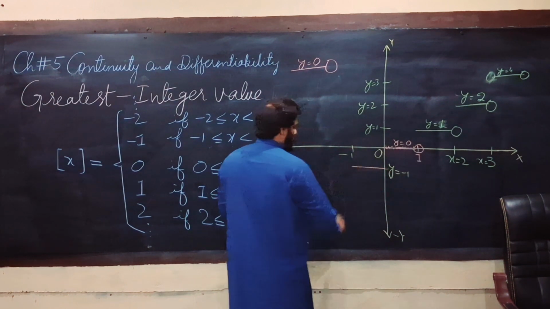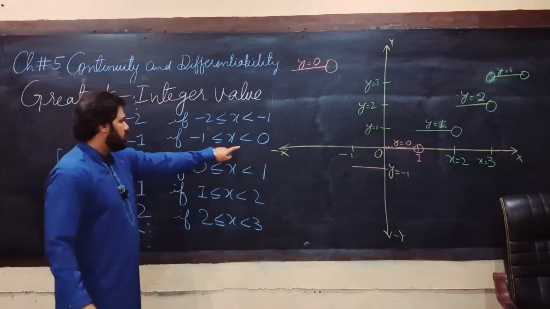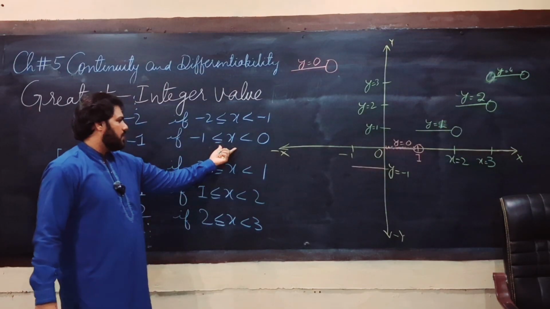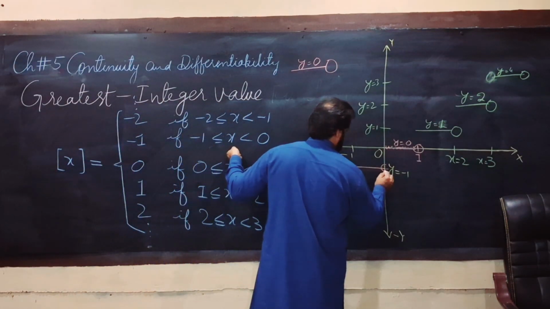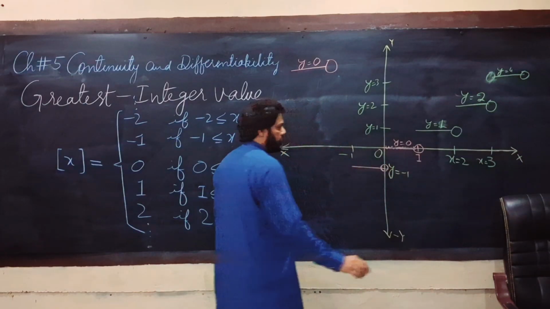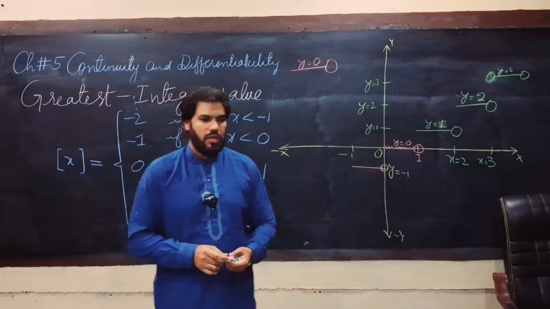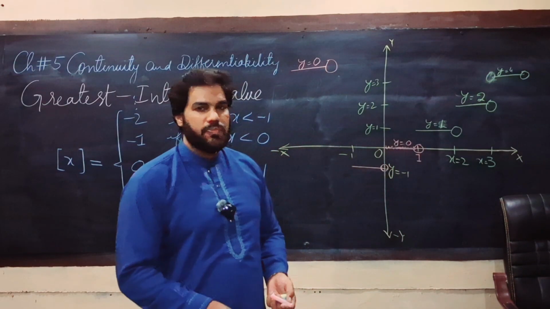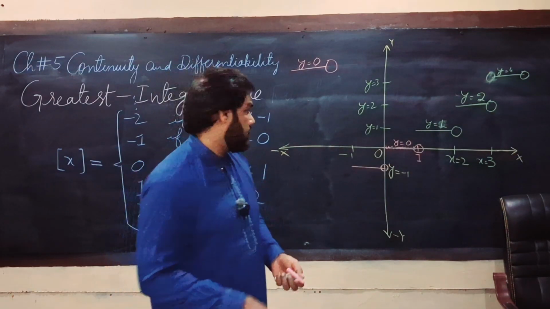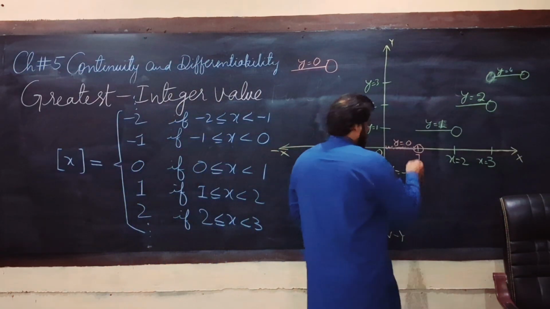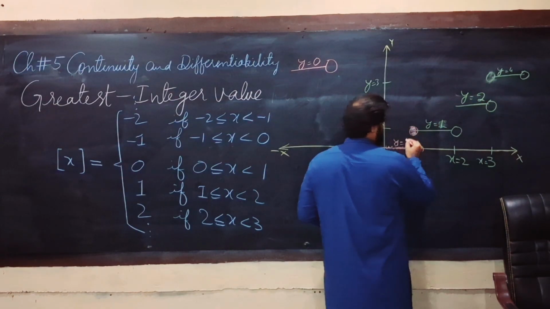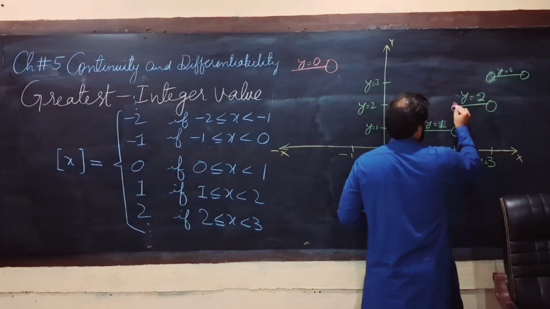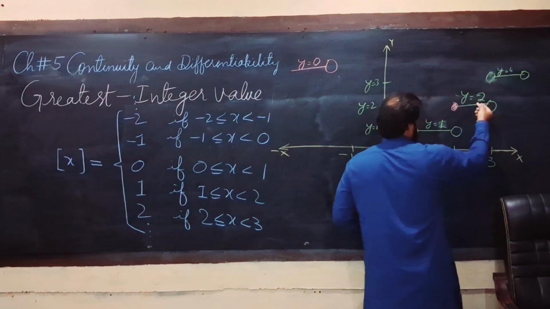Now, is zero part of this interval? No. So I will draw an empty circle here. And further you can notice that you can also draw a solid circle for every point which is a part of this interval, but this is not necessary.